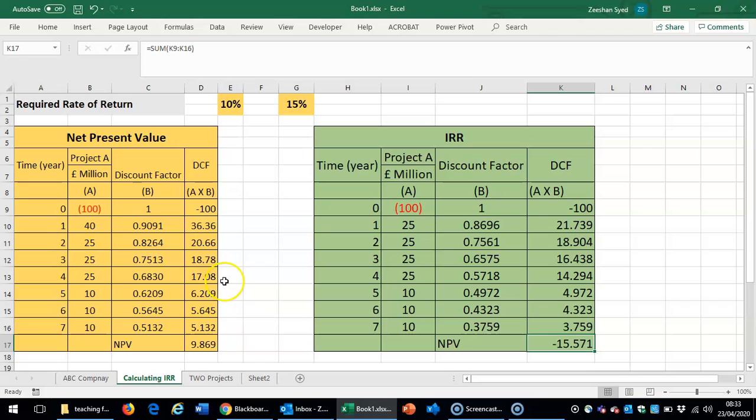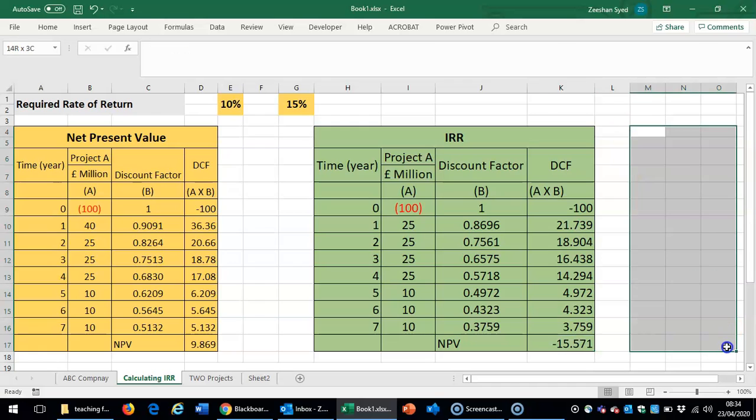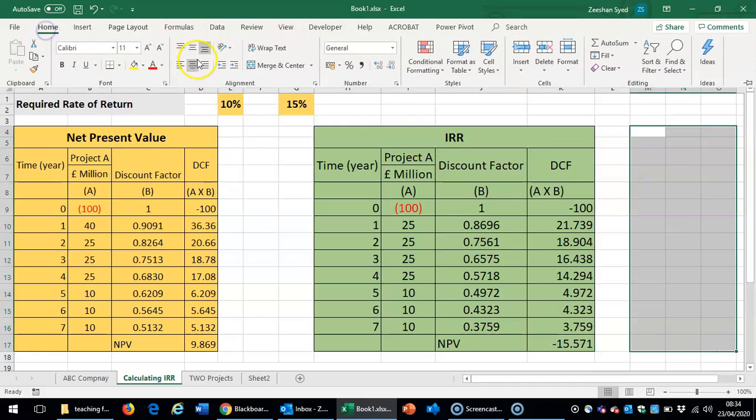All you need to know is that your IRR, next rule, please remember this. Wrap text, merge and center.